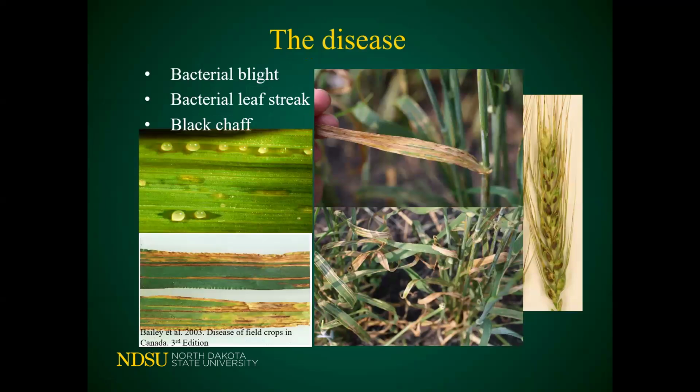This disease was originally reported in barley in 1917, I believe. It was called bacterial blight, and you can see the symptom here. Later we called it bacterial leaf streak, because the bacteria form lesions like a streak, a water-soaking streak on the leaf, under humid conditions.